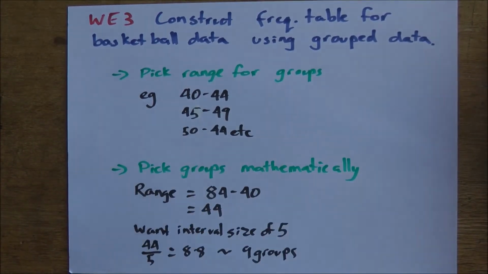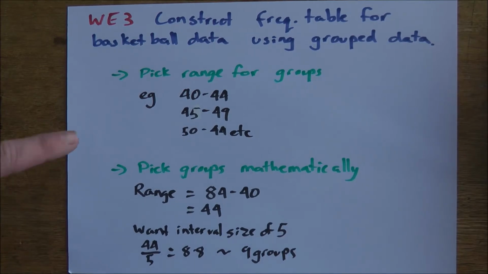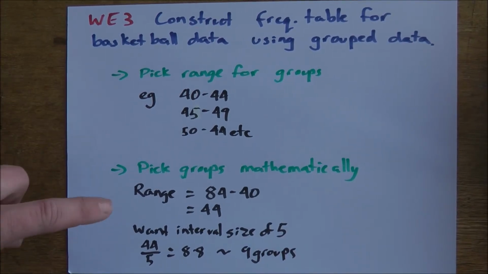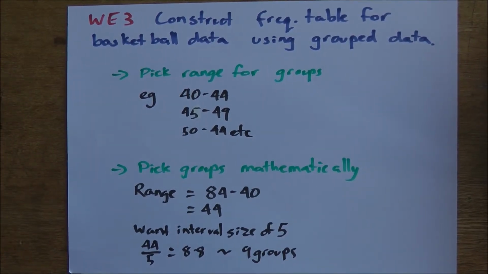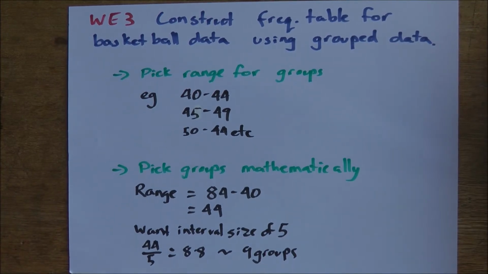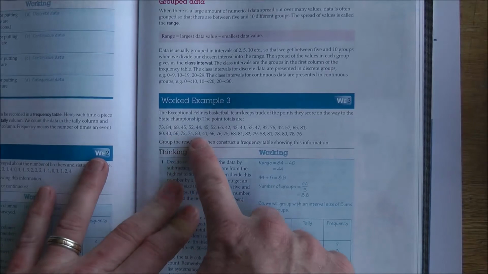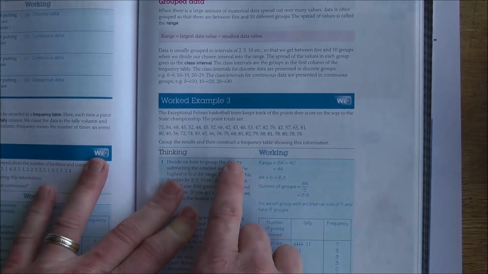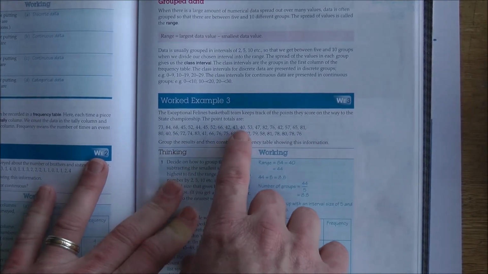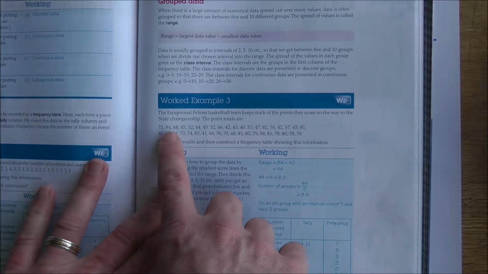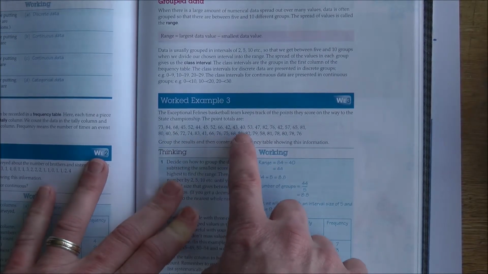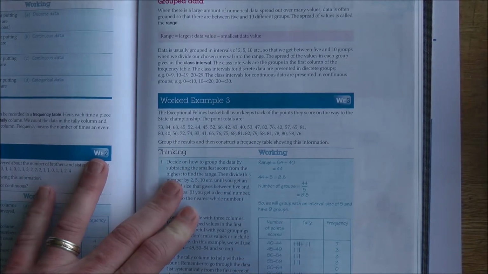We can just have a guess and see if we get it right, or we can actually do it mathematically. It's probably easier to use this method rather than the one down here, depending on how big your data is. If we have a look at our actual data from the book, we look at our lowest numbers. We've got a 40 in there, and there's nothing below the 40. There's some 41s, but 40 is the lowest number we've got.